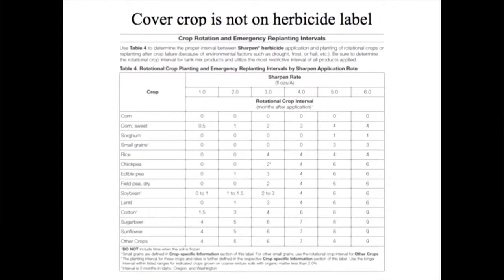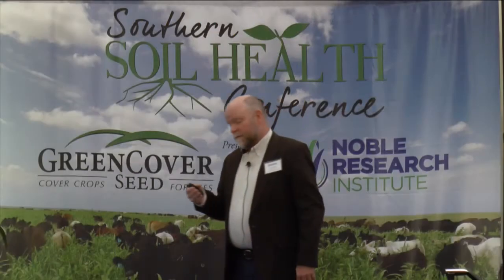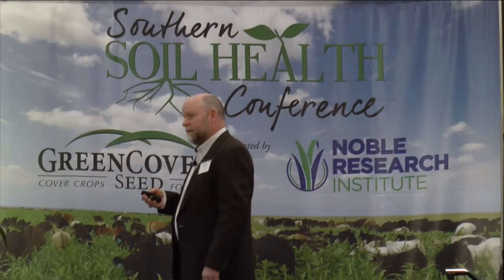Again, we get into if it's not on that herbicide list. I apologize, I've actually got the wrong table on this one. There's a table of weeds controlled list that should have gone on this slide. If your cover crop, again, is similar to one of the things that is listed on the weeds controlled, then there's a pretty good shot that you would have problems with planting a similar species.